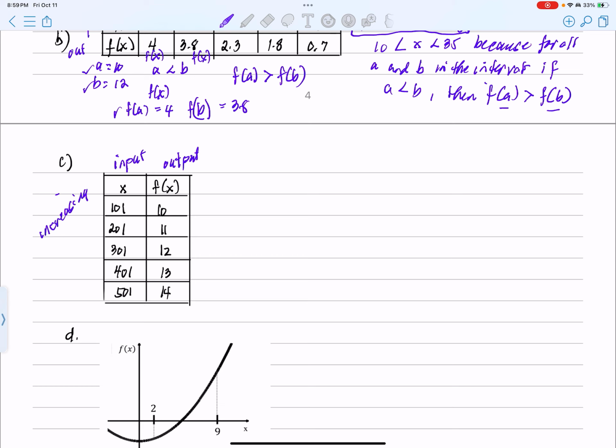Let's look at our output. 10, 11, 12, 13, 14. Increasing, decreasing. It is also increasing. Okay? So, you could say f is increasing.